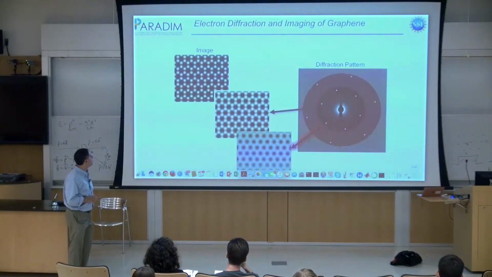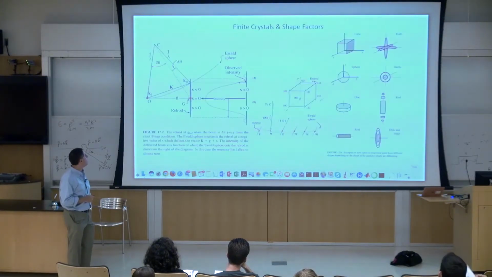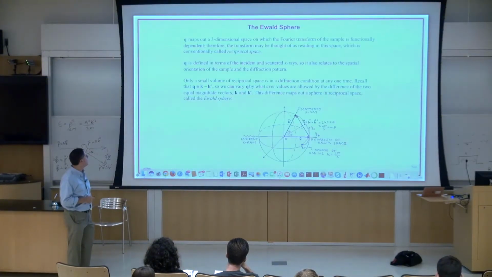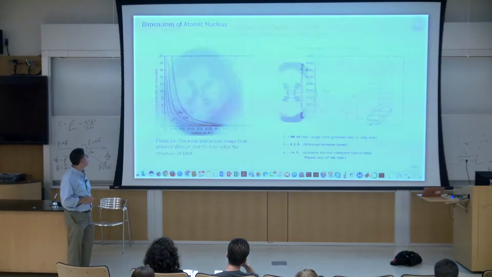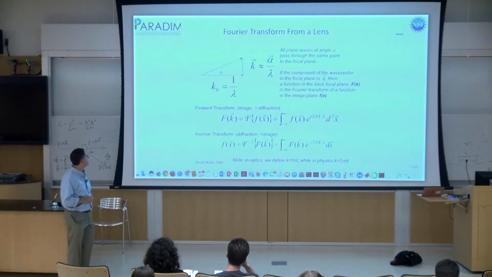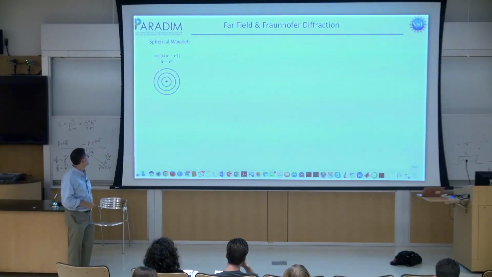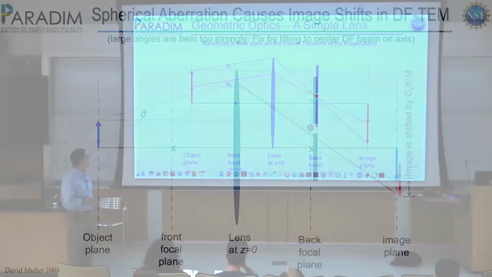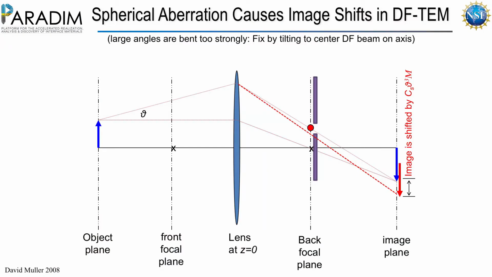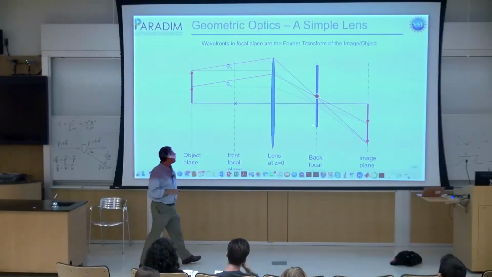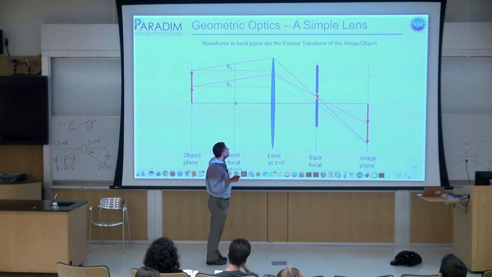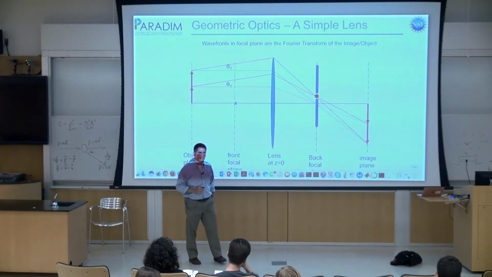And to remind you, if I go back a very long way, what did we do? Effectively, we've done this. To form that image, we put an aperture around that little diffraction spot over there and used that to form an image.